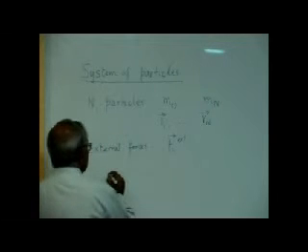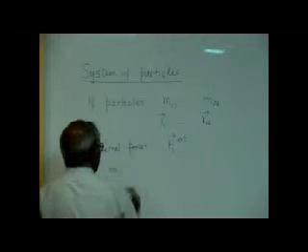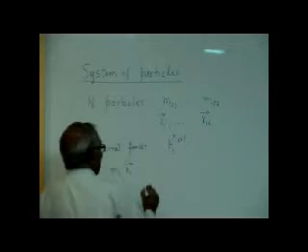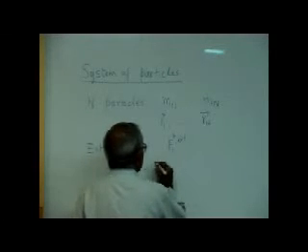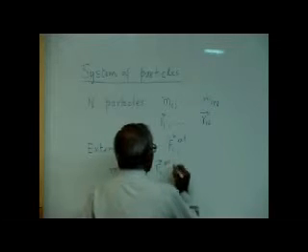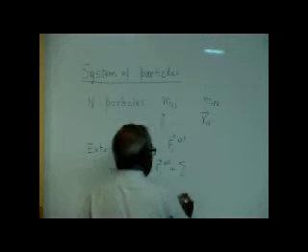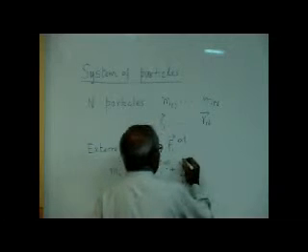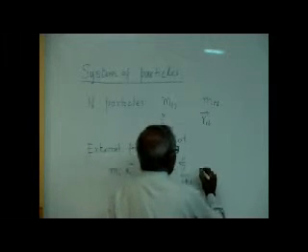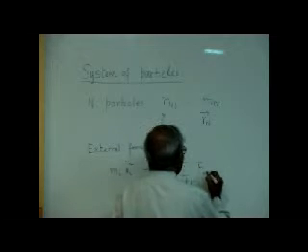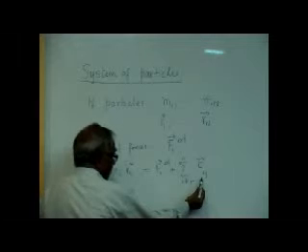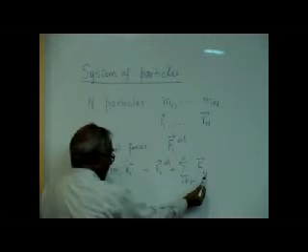So the force on m_i in an inertial frame is F_i external plus the summation over j going from 1 to n, j not equal to i, of F_ij. F_ij are the forces exerted on the ith particle by the jth.